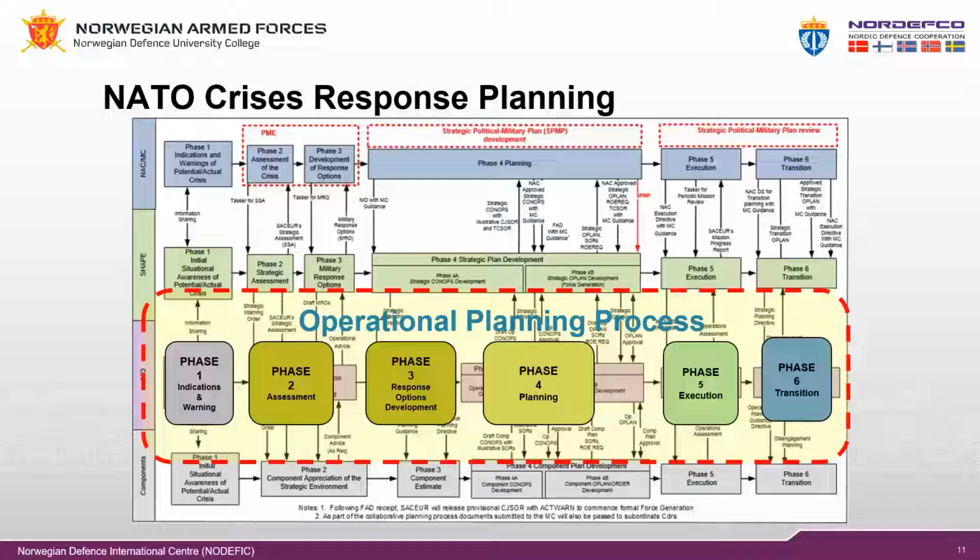The operational planning process is normally conducted by one of NATO's 2 joint headquarters. On the next slide, we will focus on the engine in the operational planning process, called the Joint Operational Planning Group.